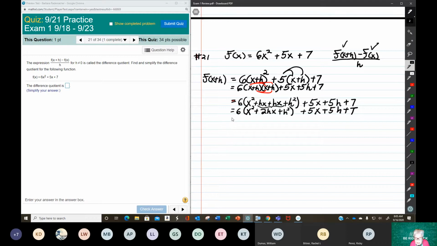Ugly 7. All right, so now I'm going to distribute the 6. This will be 6x squared plus 12hx plus 6h squared plus 5x plus 5h plus 7. And that is what f of x plus h equals.